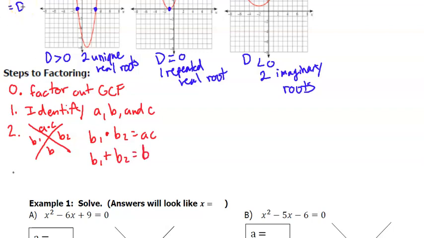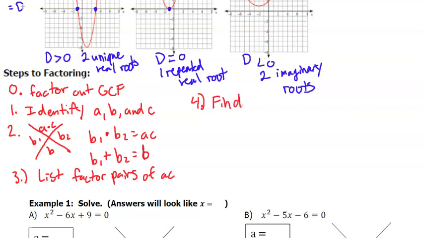The next step, we want to find those B1, B2s, list factor pairs of AC. And then step 4 would be find the sums of each factor pair.